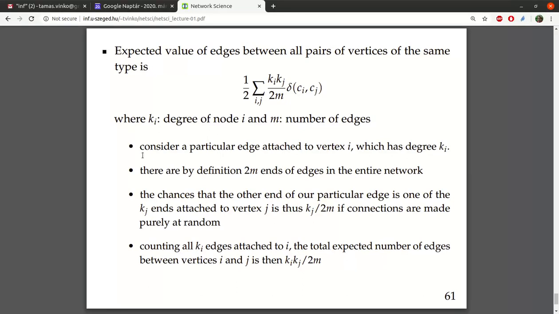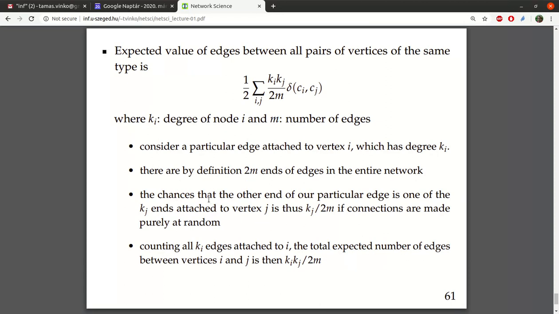Now we know that by definition there are 2m endpoints of edges in the entire network. Of course the number of edges is equal to m, and every edge has 2 endpoints, so it's obviously 2m.